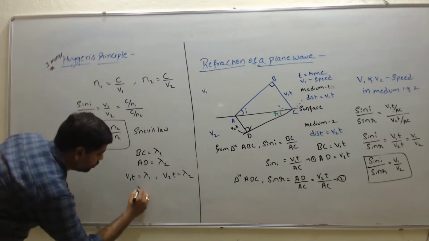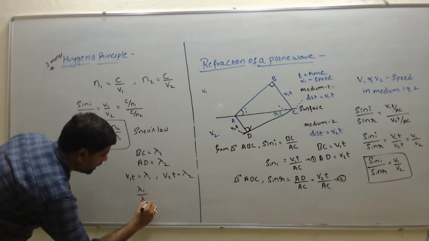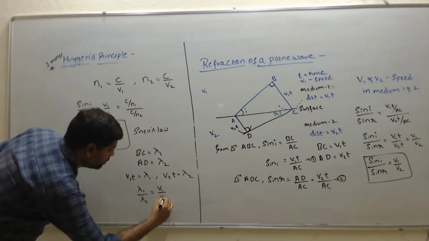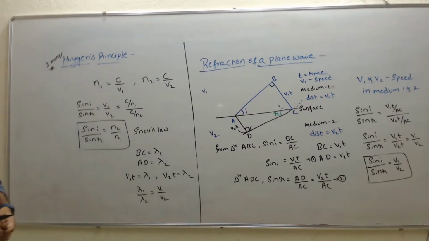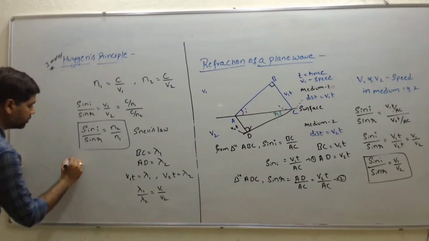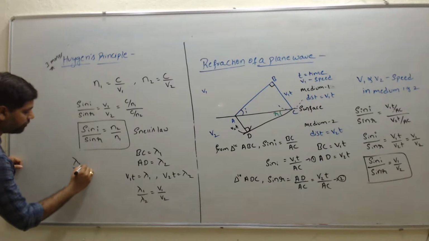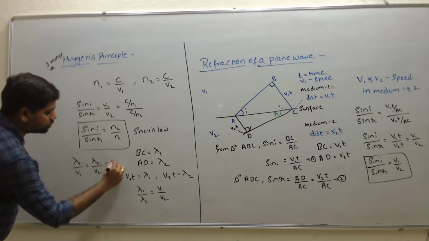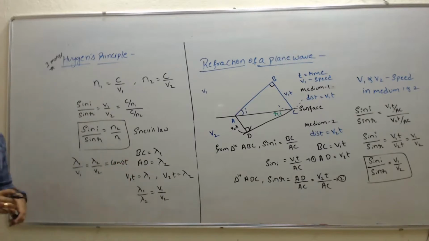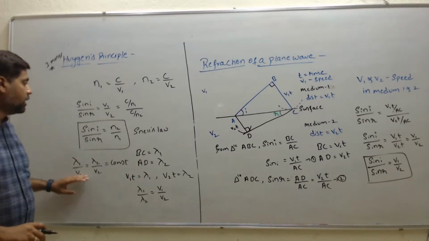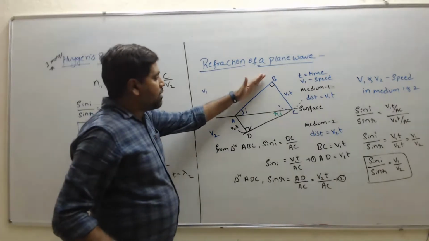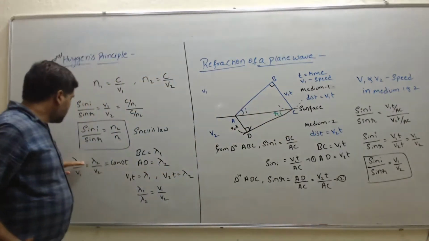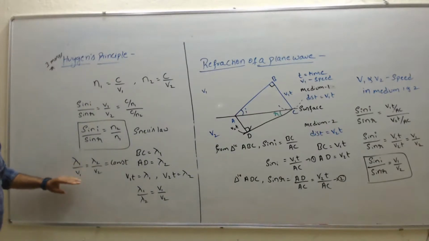If we divide these two, lambda 1 divided by lambda 2 is equal to V1 by V2, right? So if we rearrange, lambda 1 by V1 equals lambda 2 by V2, that is equal to a constant, right? So from this, if the wavefront travels from one medium to another medium, its wavelength and its speed change.